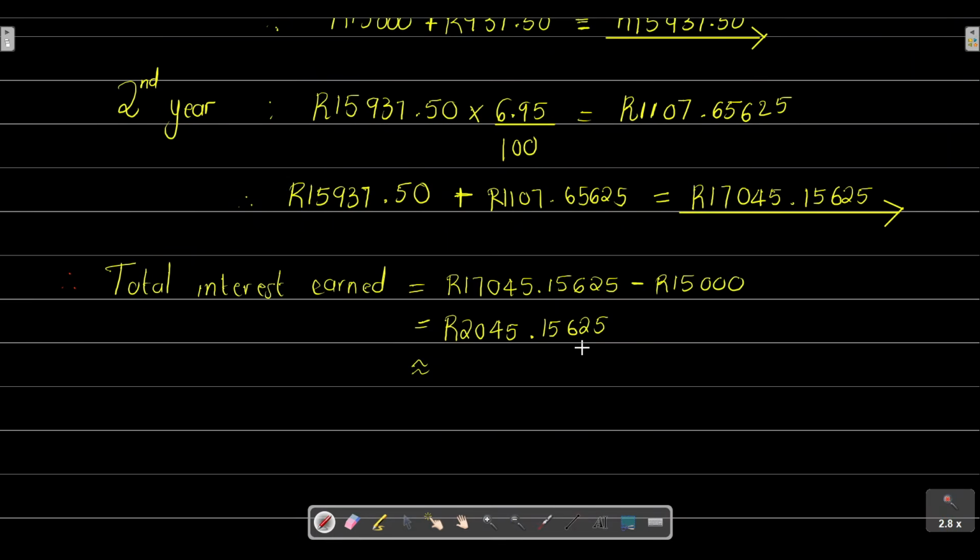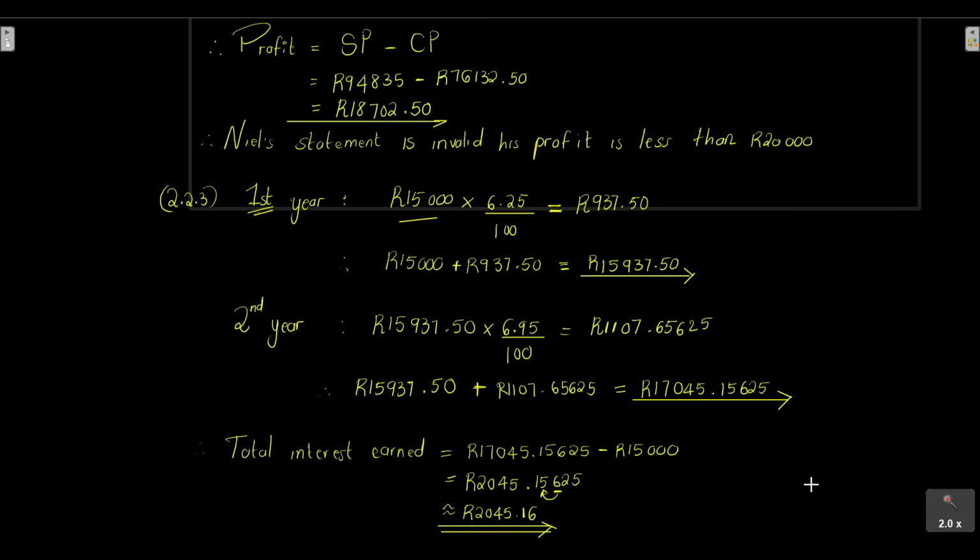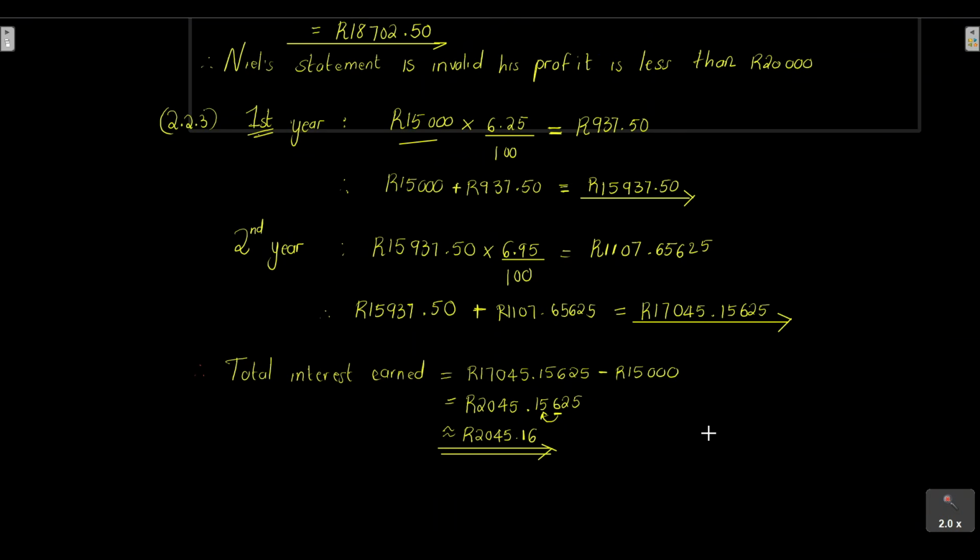We look at the third digit after the comma. That is going to tell us what we need to do to the second digit. Because it's a 6, which is bigger than 5, we need to take that 5 up. So it's going to be 2045.16.